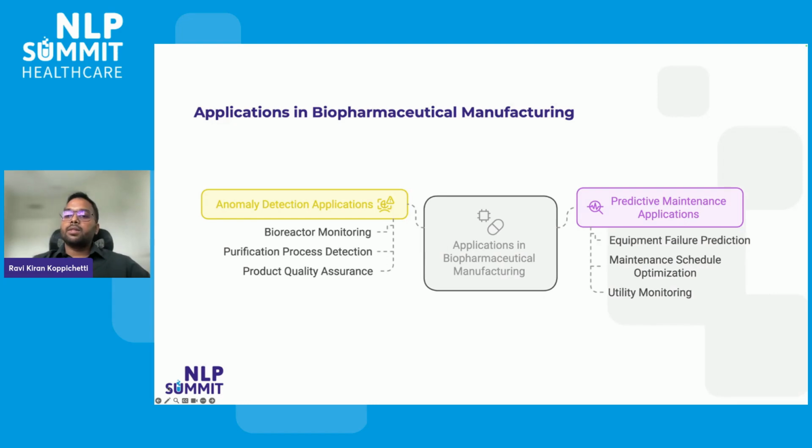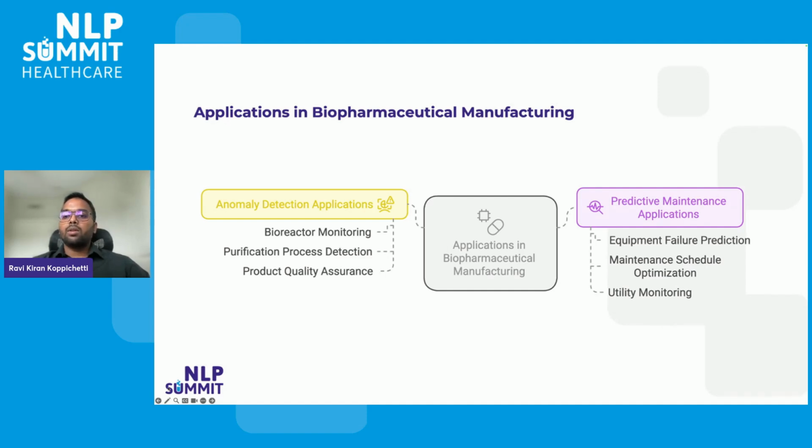These systems are highly sensitive, and even minor deviations in parameters like temperature, pH, dissolved oxygen, or nutrient levels can lead to cell death, contamination, or suboptimal product yield. Machine learning and AI play a crucial role here. Sensors continuously monitor the bioreactor conditions, feeding real time data into ML models.